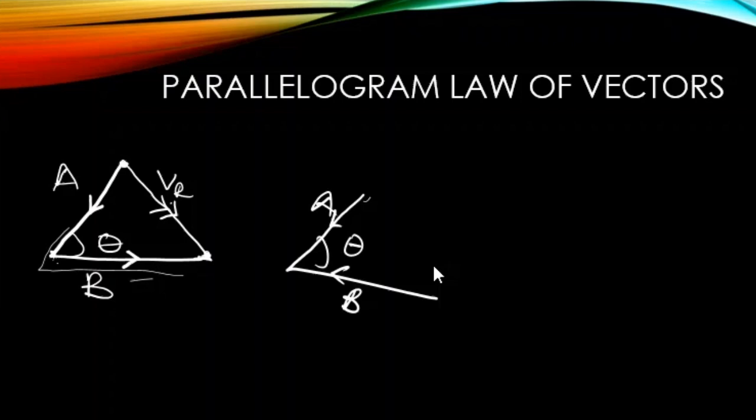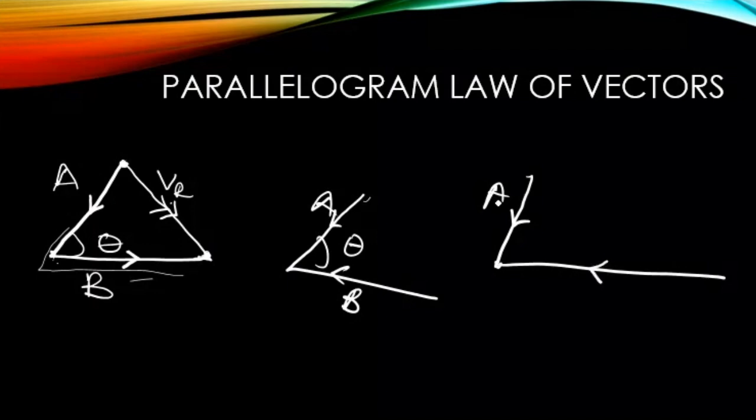In the parallelogram law of vectors, let's state it using a diagram. It says that when two vectors acting at a point, so this vector A acting at a point, are represented in magnitude and direction by the adjacent sides of the parallelogram, the resultant vector is represented in magnitude and direction by the diagonal of the parallelogram drawn from the point.